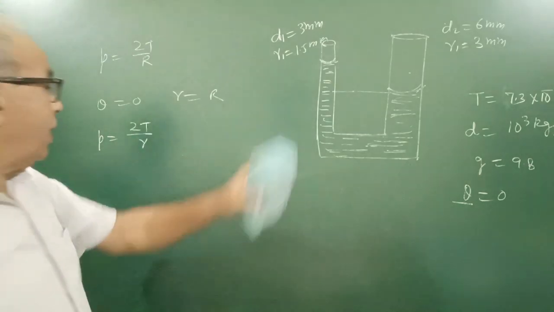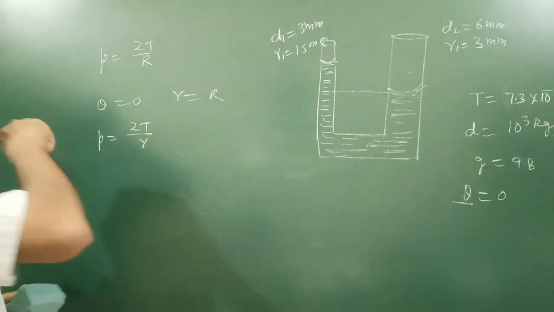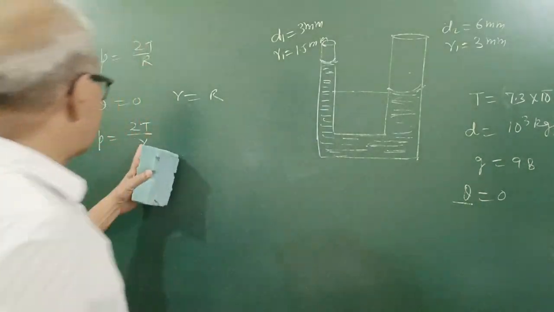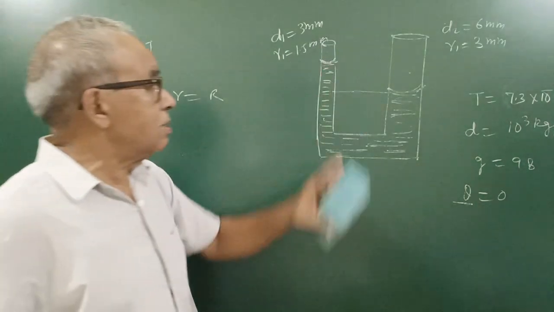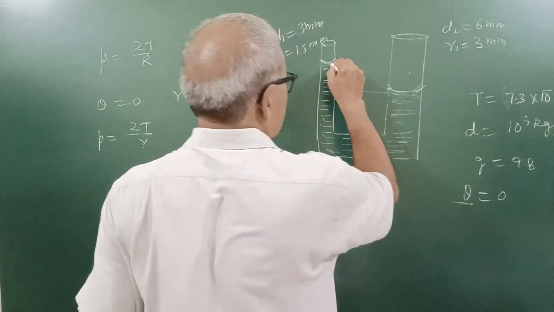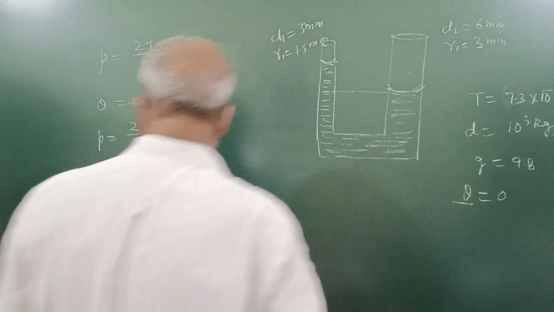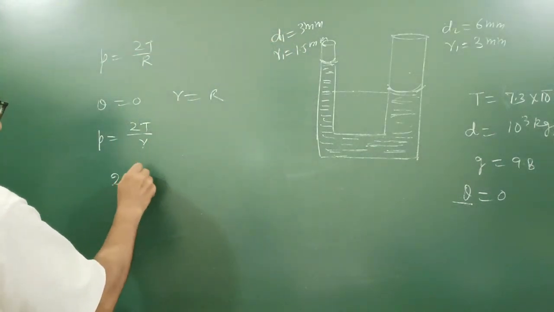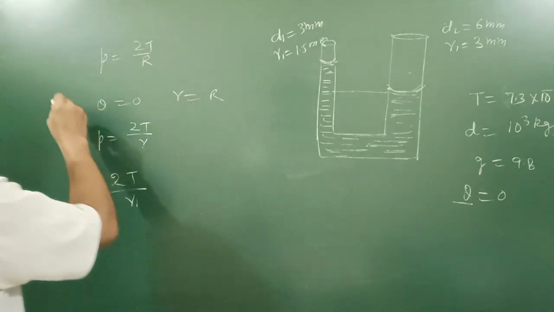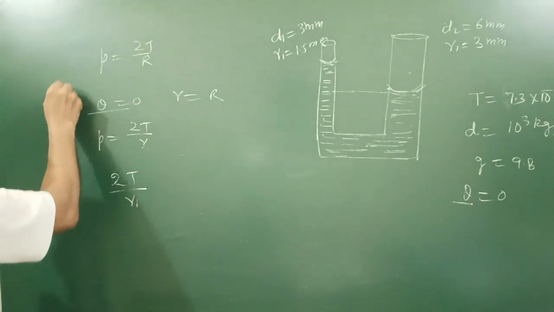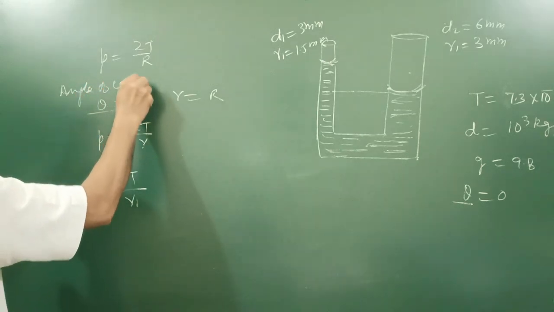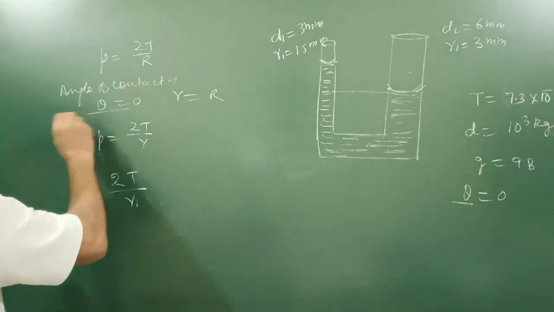So the smaller the radius, the larger the pressure difference. So here the radius is R1, and this is R2, so 2T upon R1. The angle of contact is theta.